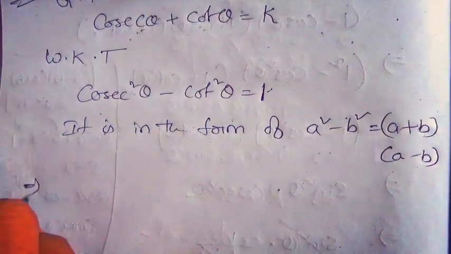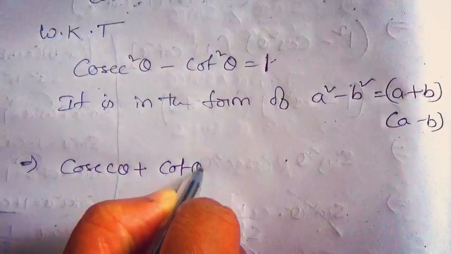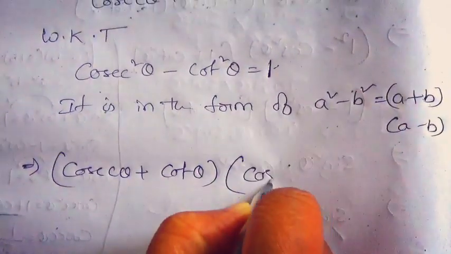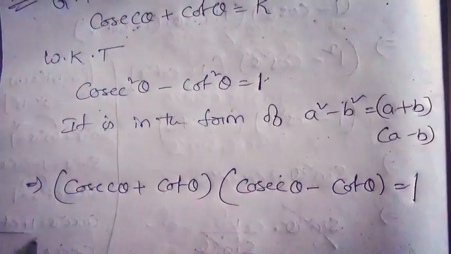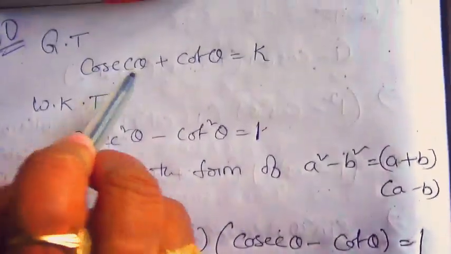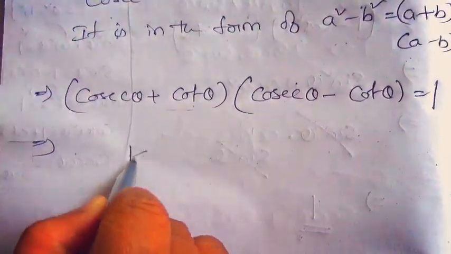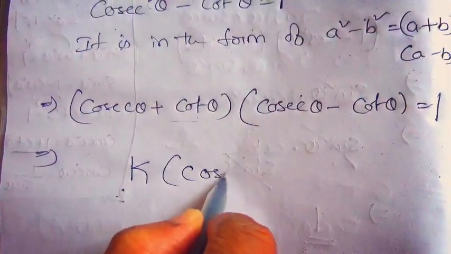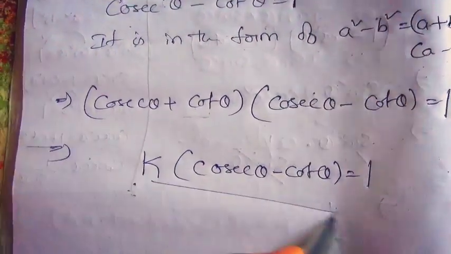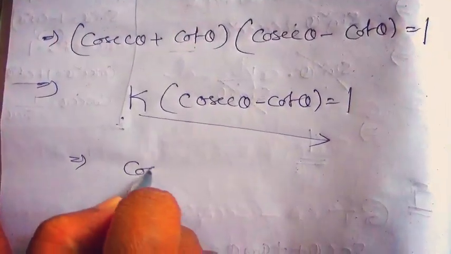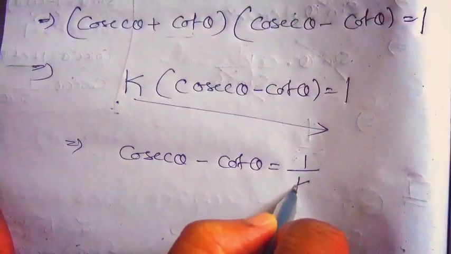That implies cosecant theta plus cot theta into cosecant theta minus cot theta is equal to 1. Already given that cosecant theta plus cot theta is equal to k, so in the place of it I am writing k into cosecant theta minus cot theta is equal to 1. So that implies cosecant theta minus cot theta is equal to 1 by k.